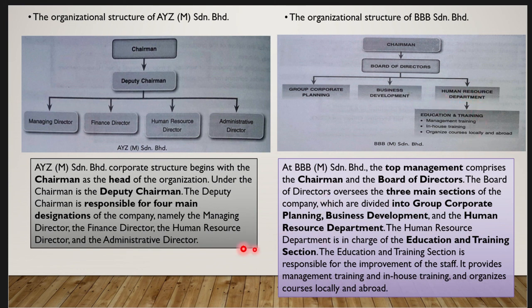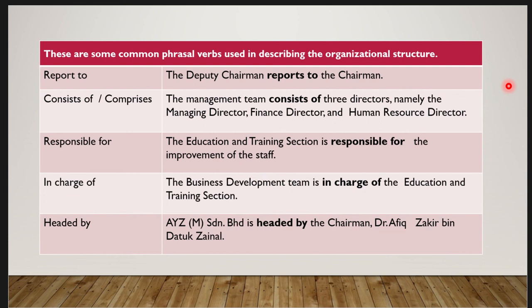You could read further over here what it means by all these departments. There are some common phrasal verbs used in describing the organizational structure. We could use report to, consists of, comprises, responsible for, in charge of, headed by.